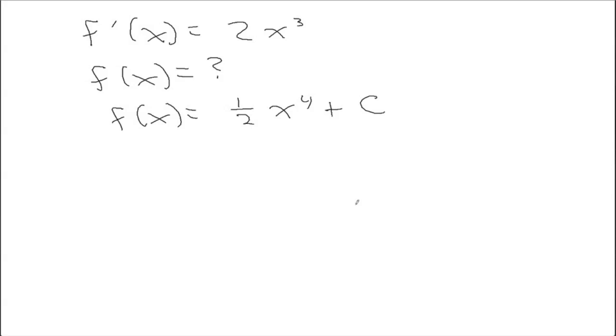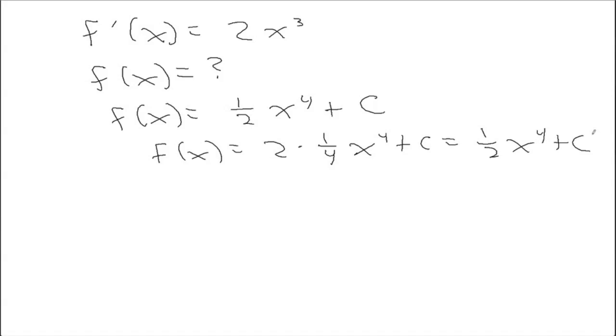Yep, that's right. Okay, excellent. I thought you made a mistake there, but actually you just hadn't mentioned some of the steps. The process would be 2 times 1/4 x to the 4th, and then 2 times 1/4 is 1/2. So you did end up with the right answer. Excellent.